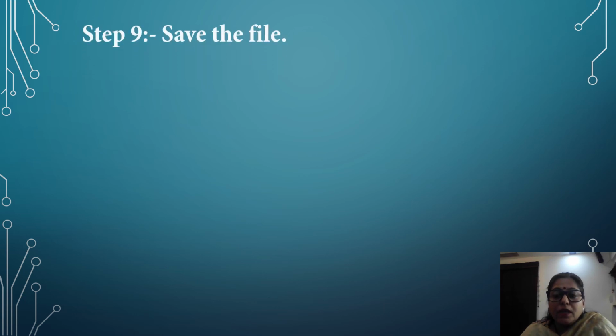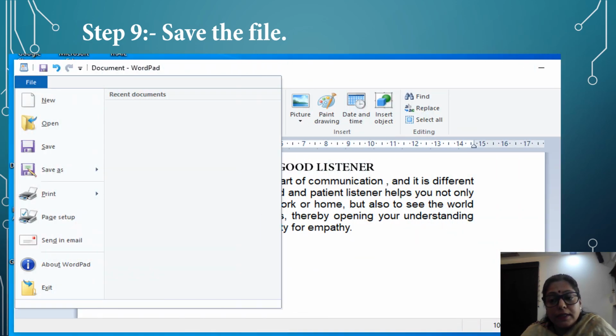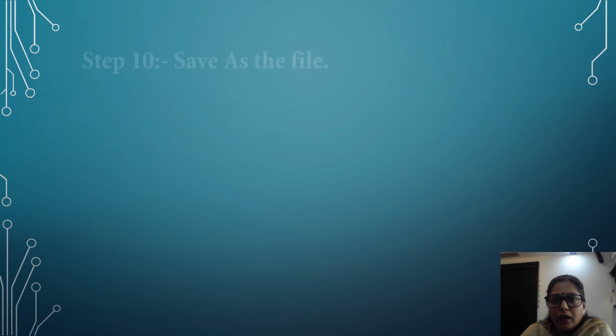Step 9. Save the file. In order to use your work again, you have to save your work on your computer as a file. For that you have to follow the steps. First, click on File button. A menu appears. Then click on the Save As option.